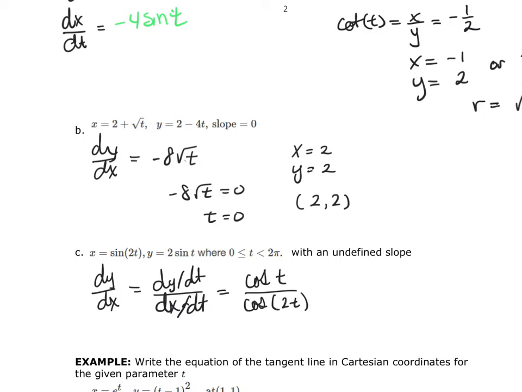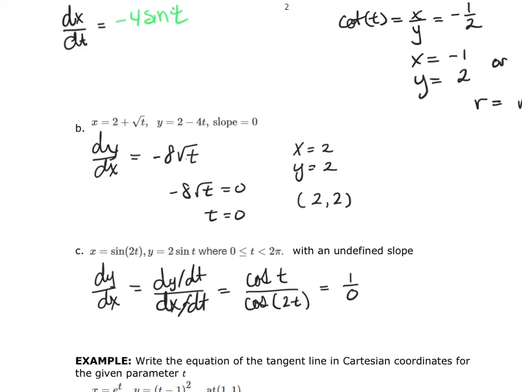Now I know for it to be an undefined slope, I must be dividing by 0, and at most cosine is going to be 1, so let's go ahead and use 1. I could use anything for cosine of t, but we know that 0 has to be in the denominator, and it's easy to use 1 in the numerator.